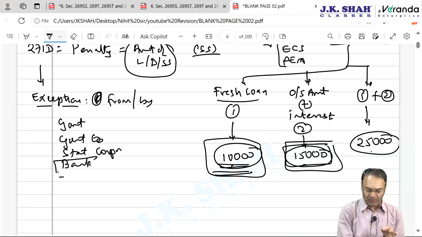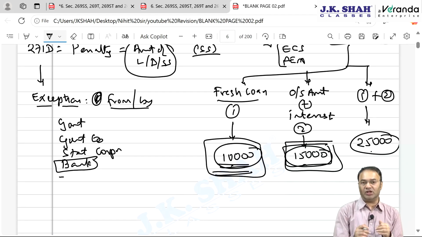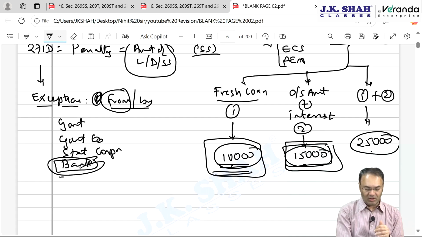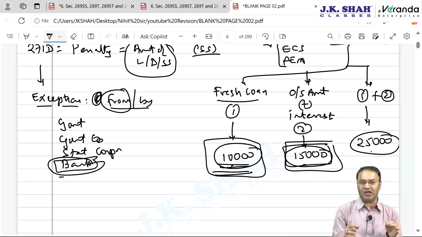Ideally, bank you should remember, but the transaction is both ways, meaning thereby you take a loan from bank, you have taken from bank, no problem, 269SS will not apply, you take as much as you want in cash, no problem.